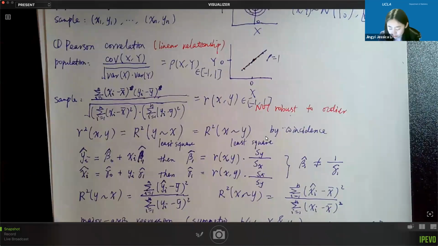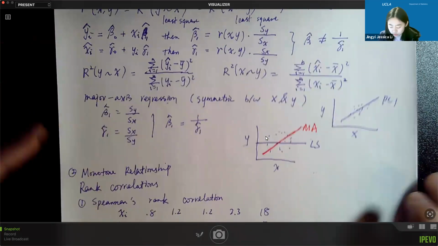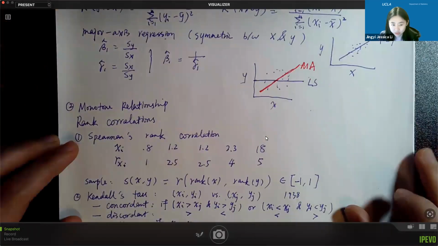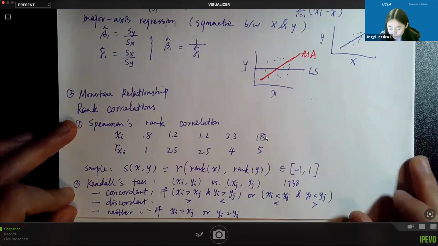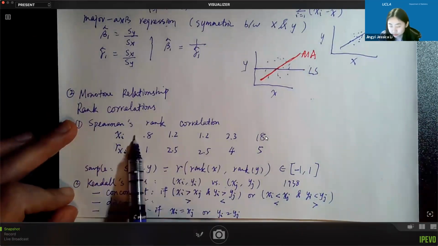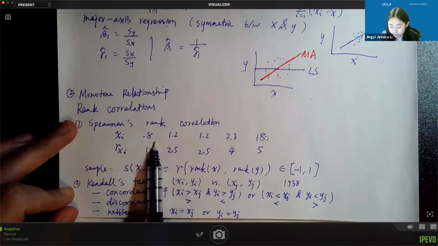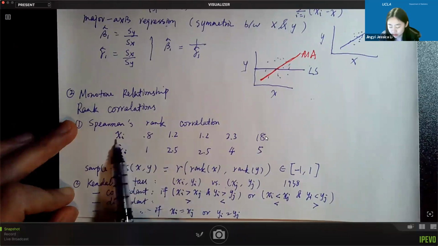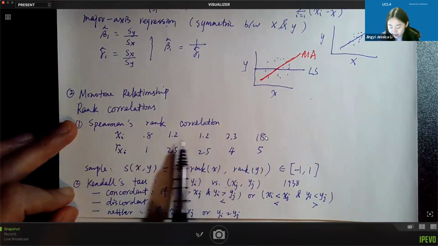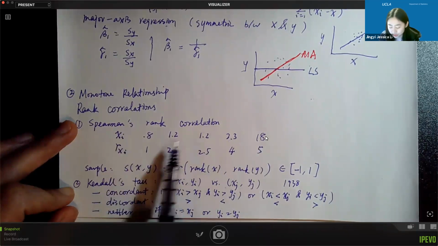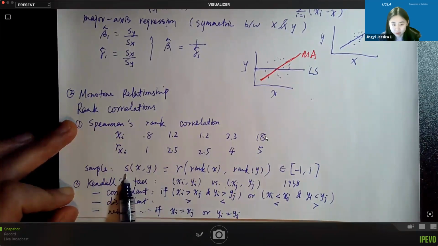And second, we talk about the monotone relationship. For this part, we introduced the Spearman rank correlation and Kendall's tau. These two are widely used. Spearman rank correlation has a very straightforward interpretation: for each variable, you convert its actual numbers into ranks. Then you have two vectors of ranks, and you compute their Pearson correlation. That's what you call Spearman rank correlation.